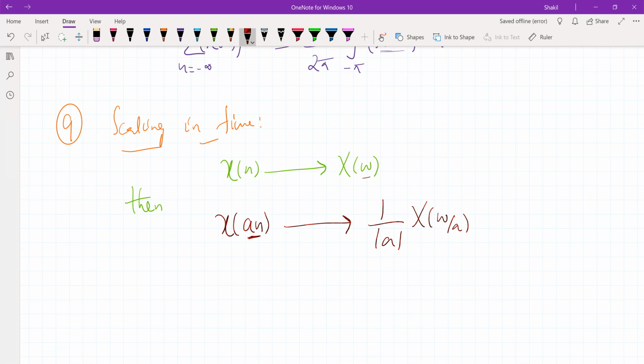It's replacing omega by omega by a. Wherever omega occurs, replace this by this.